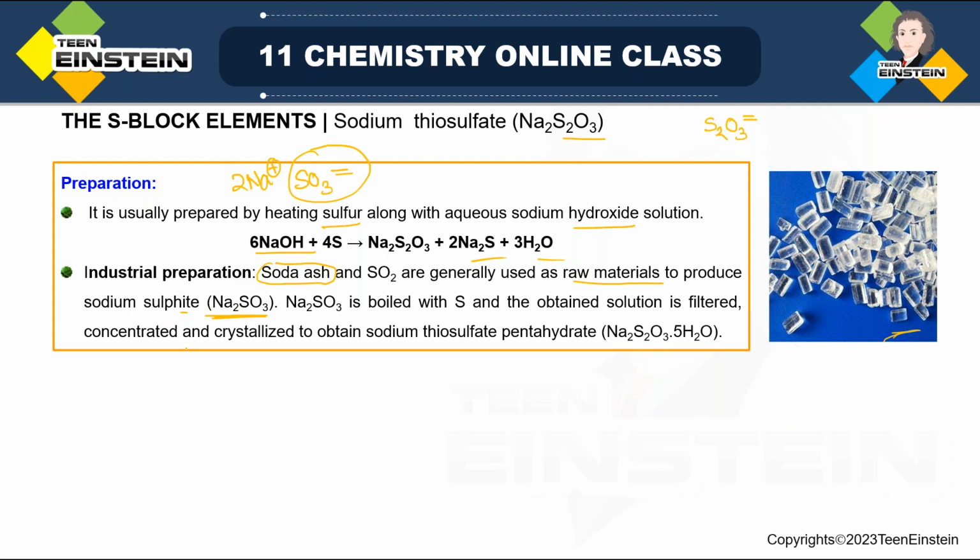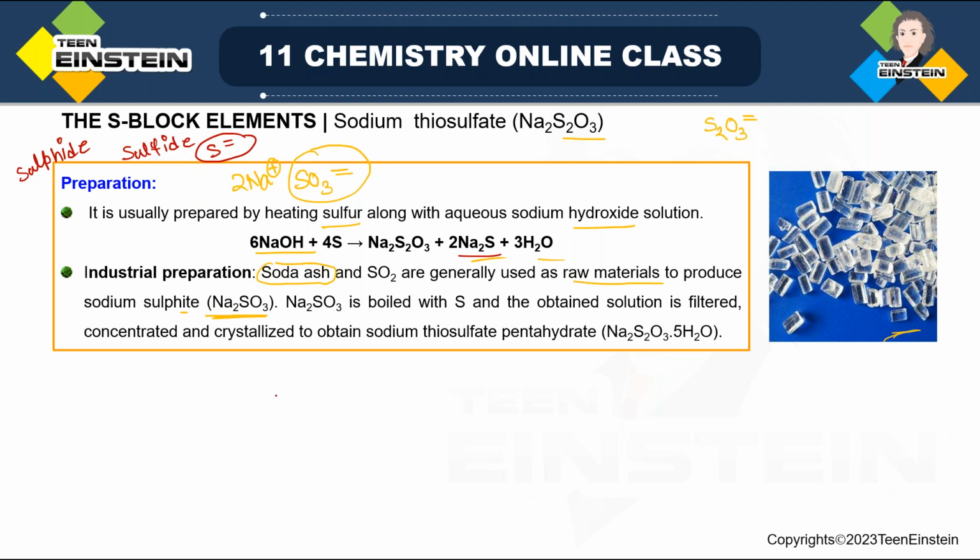Be very clear about the spelling: sulfite, ending in ite, not ide. When it is sulfide, ending in ide, then it is the S2 negative ion, which you can see here. It is sodium sulfide. But when it is SO3 2 negative, now it is sulfite, not ide.